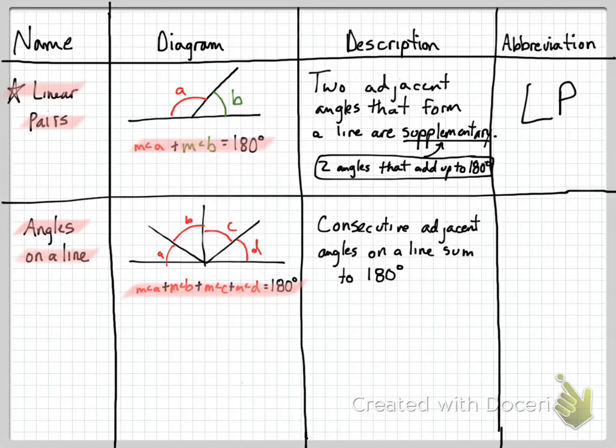And our abbreviation for this is just going to be angles with the angle symbol, angles on a line. So it's not much of an abbreviation, but I do want you to write it out that way. That way it's always clear what it is you're referring to.